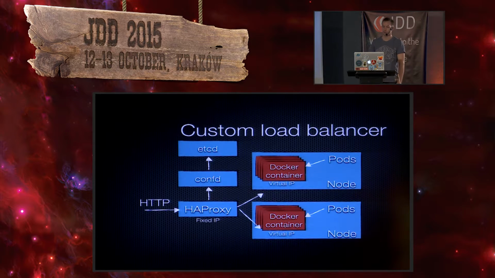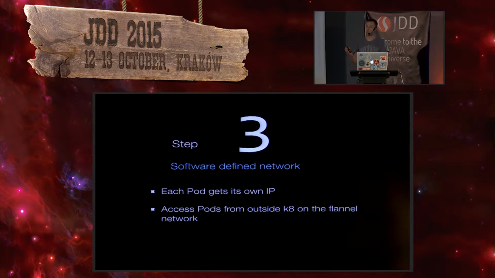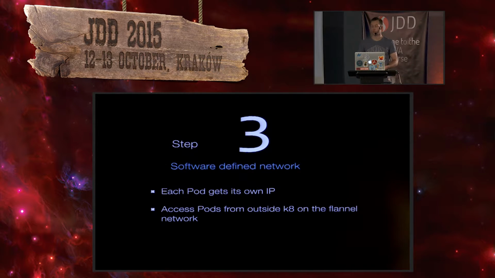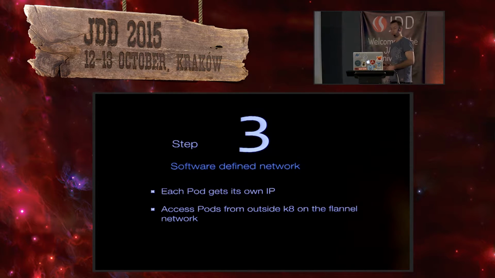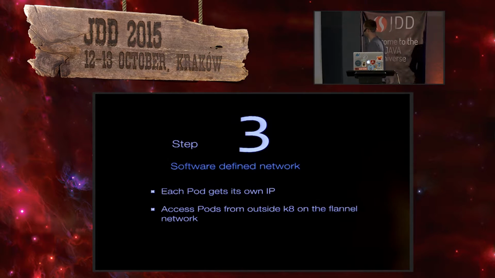So that's a problem. But Kubernetes is built in such a way that you can hook into the whole networking layer, and you can plug in some kind of virtual networking or software-defined network tool, and there are several of them. So for example, we could use something like Flannel, which is an SDN provided by CoreOS.